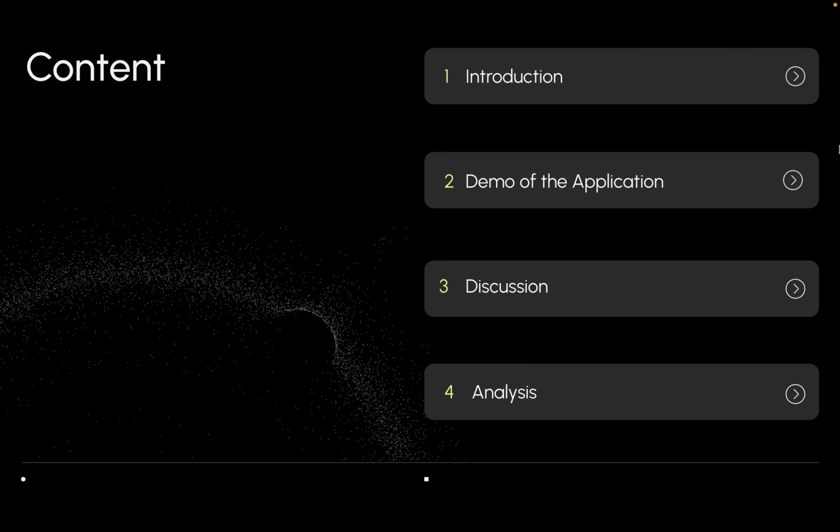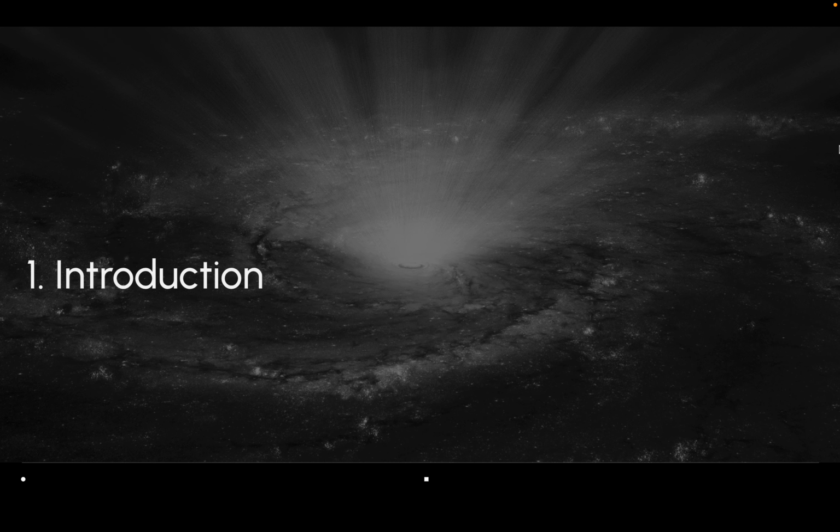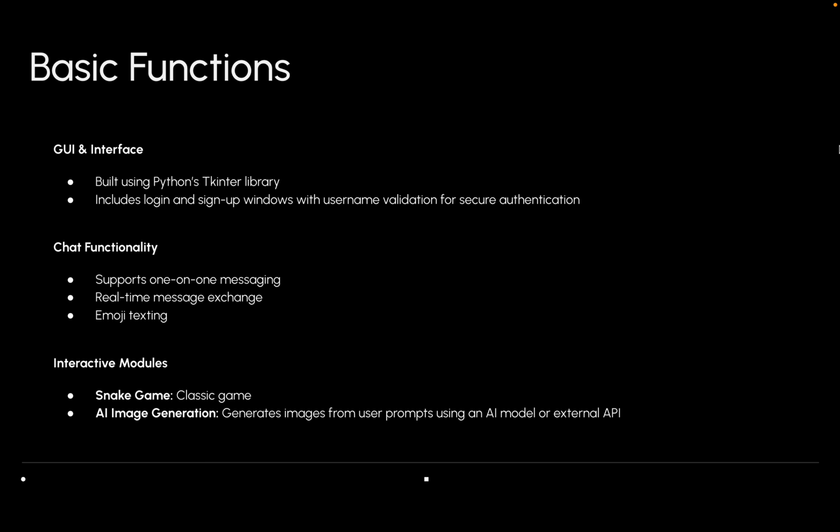Our presentation includes 4 parts: introduction, demo of the application, discussion, and analysis. Let me briefly introduce our project first. The basic functions are separated into 3 parts: GUI and interface, chat functionality, and interactive modules.